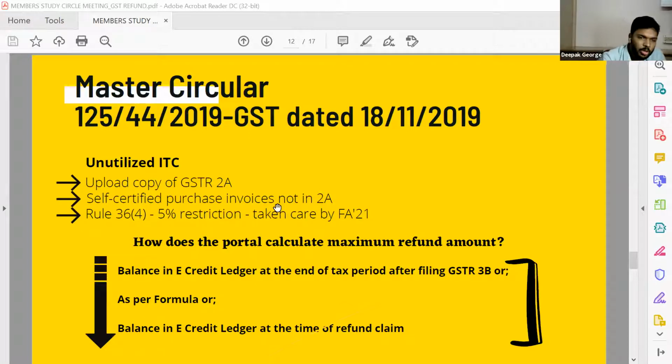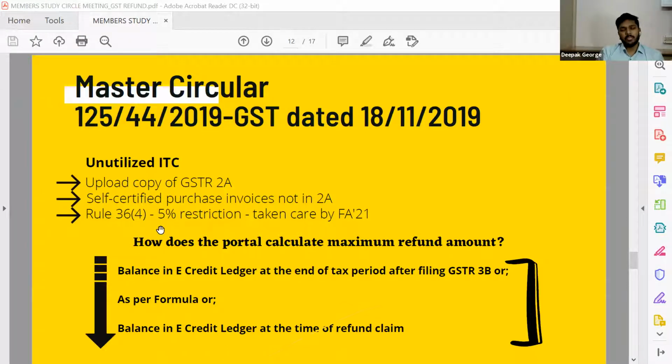And then you have the famous rule number 36, sub rule 4, which talks about that 5% restriction of the eligible ITC. Again, that confusion, as I speak, is totally gone, because in the Finance Act of 21, they inserted one subsection under section 16 of the CGST Act 2017, wherein they have listed 4-5 conditions for claiming input tax credit. 1, you should have the invoice. 2, you should supply the goods or services. 3, you should make the payment within so much time.